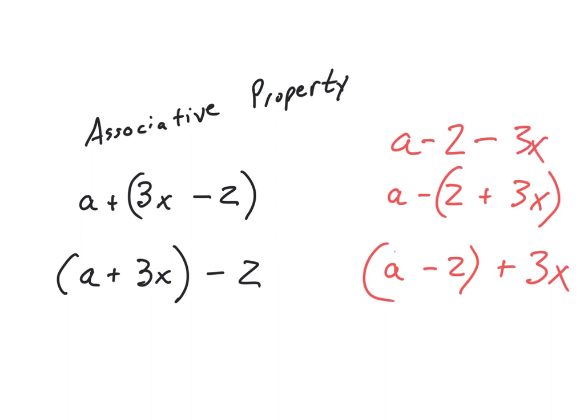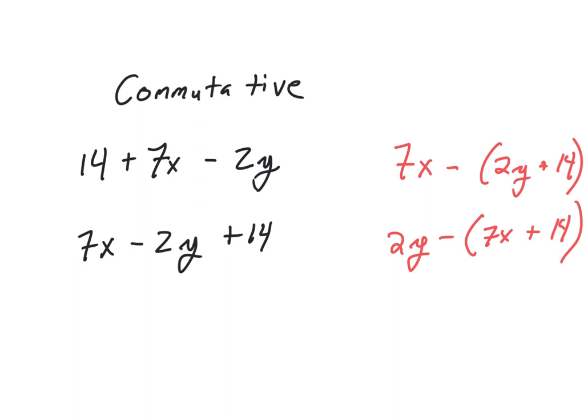And that is very different than what this bottom one ends up becoming if I were to just move the parentheses. So with the associative property, you can't just move the parentheses to get what you want and call it associative. They have to be identical in value, and these are not identical in value, so this is not the associative property.